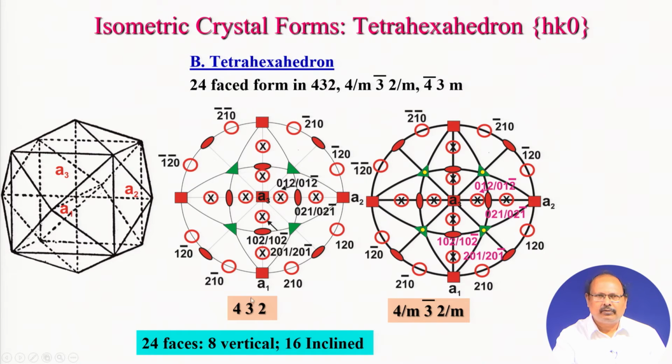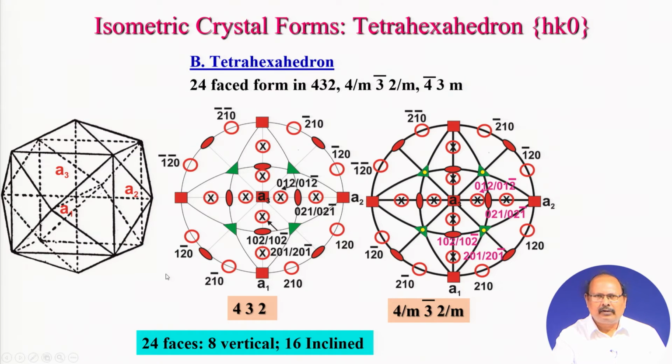And in 4 3 2, there are 6 diads. This one and this one are the horizontal diads. So, there are 2 horizontal 2-fold axes, and these 4 are the positions of 4 inclined diads or edge diagonals here, and the green ones represent the 4 triads here.